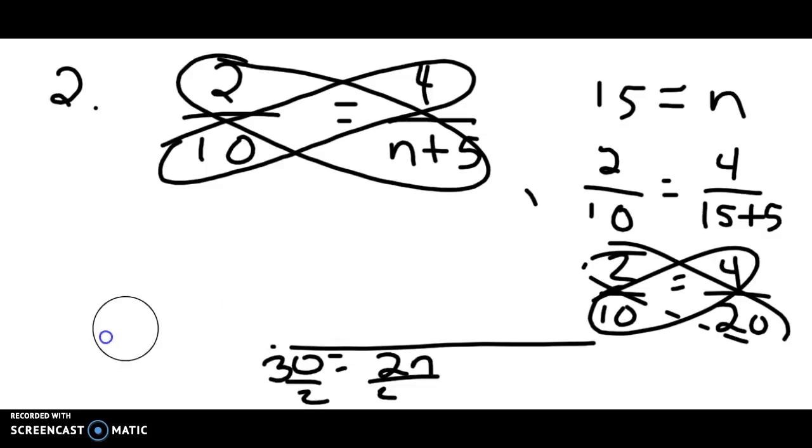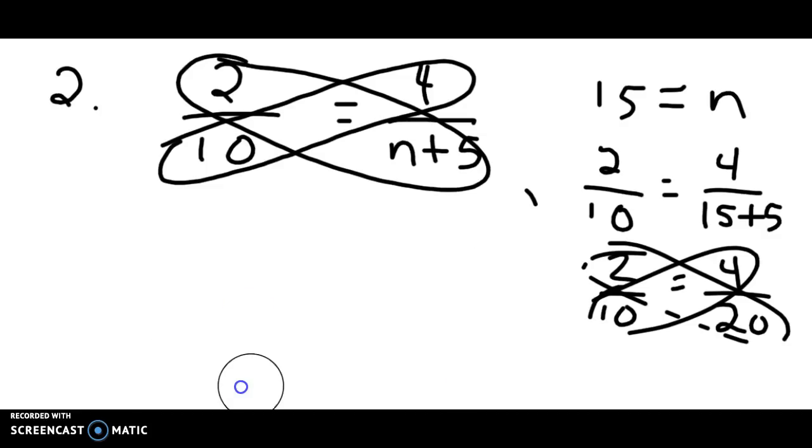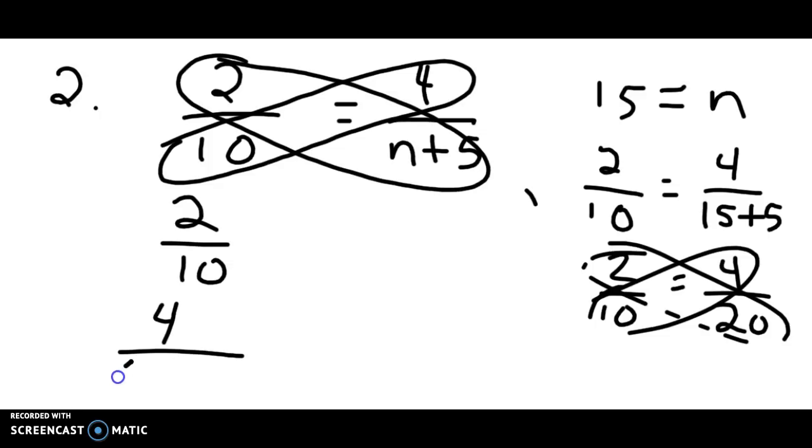If you put this in y1 and y2, let me get back to my pen. In y1, you could say 2 over 10, or 2 divided by 10. In y2, you have to say 4 divided by, and you need to put in parentheses n plus 5. If you don't, you're not going to be able to find out if your answer is correct. All right, let's go to the next one.